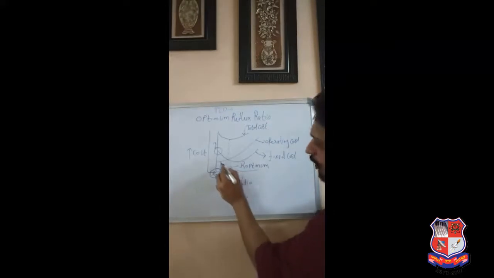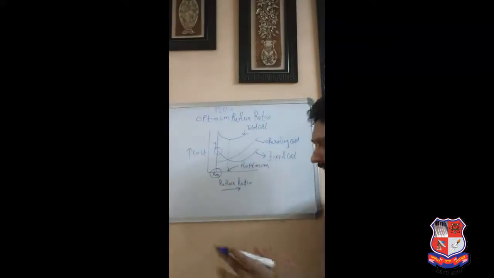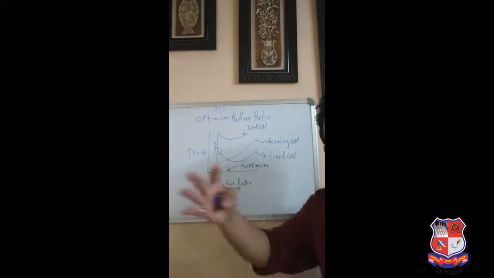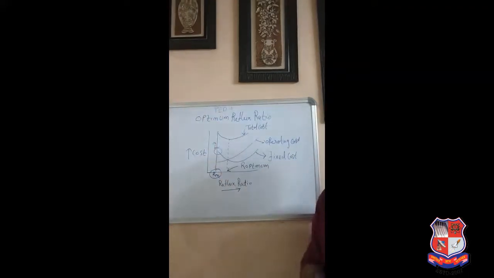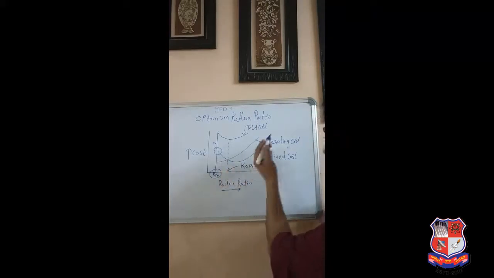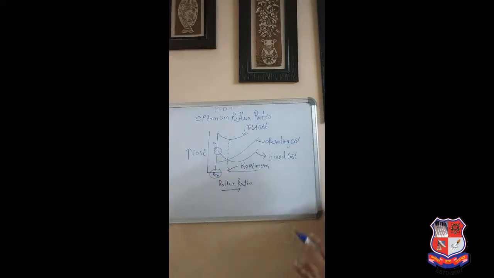Right? This operating cost, as you increase the reflux ratio, is continuously increasing. Why? When you operate your column, you will start the bottom pump, the reflux pump, and the feed pump. So if you are operating your column, the operating cost is going to increase. That is for sure.